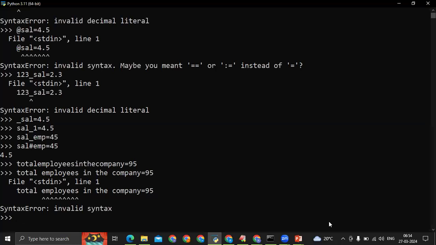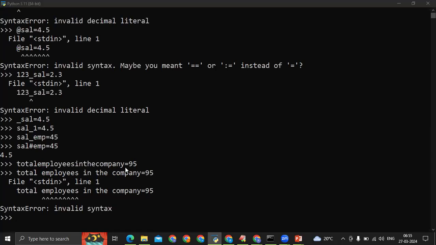Why? Because we are using the special symbol space. Space is considered a special symbol. This is acceptable, but not understandable. We are giving spaces in the variable name, that is why we are getting the error.